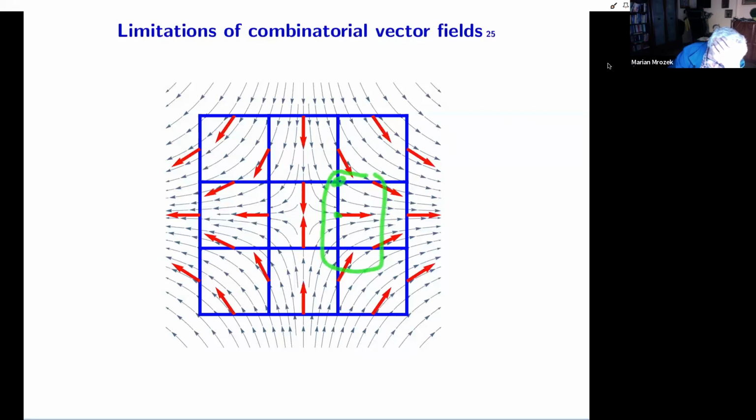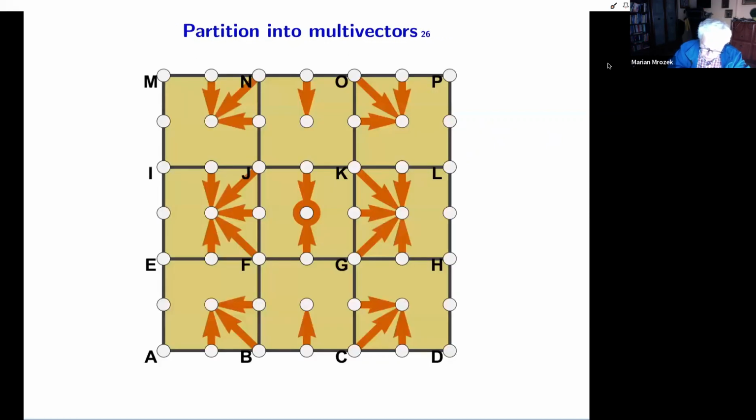This vertex, this edge, this vertex, all this together. It's more important for me to keep a partition than to keep just singletons and doubletons. So here is this picture redrawn in the combinatorial fashion where I have my multivectors. So this collection of cells is a multivector. This is a multivector, this is a multivector, and so on. This is also a multivector.